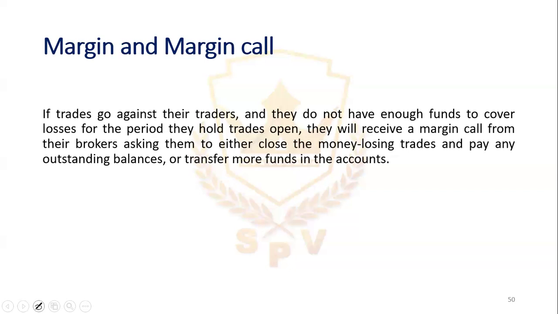Despite having the margin call, some brokers tend to bear losses in case a popular trade goes against their traders in a big way. For example, many traders have taken a gold trade and high volatility occurs and it goes against many of their traders. You'll find that most traders' accounts would have negative balances, like a negative $200 balance.